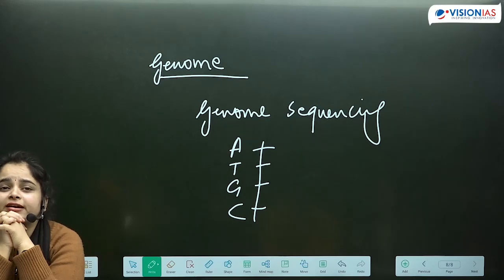So I'll modify it as identify a specific trait. So you can also write what exactly you mean by this.